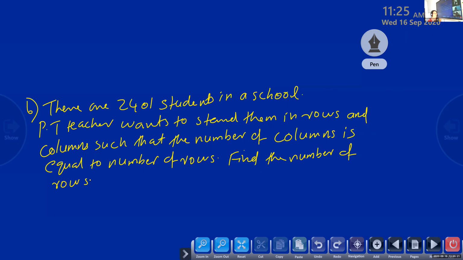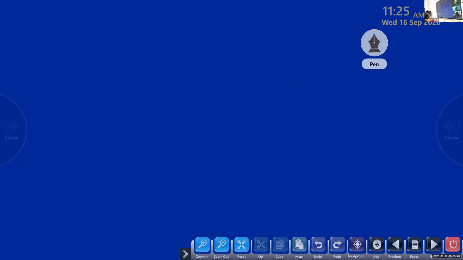We did this in the prime factorization method, because when we are planting trees in rows and columns, such questions are of the same type. Instead of plants, here students are made to stand in rows and columns such that their number of columns equal to number of rows. So you should find its root. One more question. So you do it as homework. Next question.